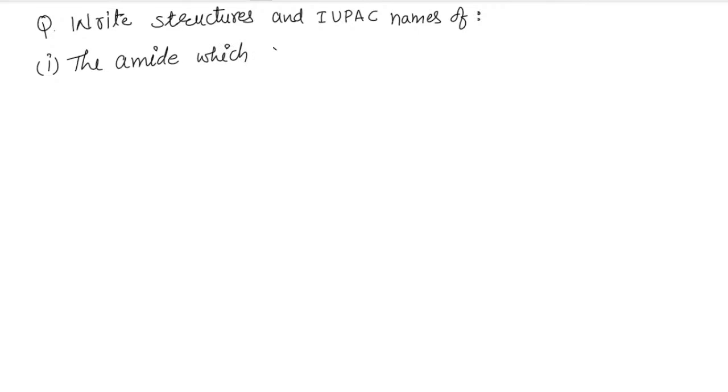So the question is: write structures and IUPAC names of the amide which gives propanamine by, just tell me, for descending the series to decrease carbon by 1, which method is used in amines?